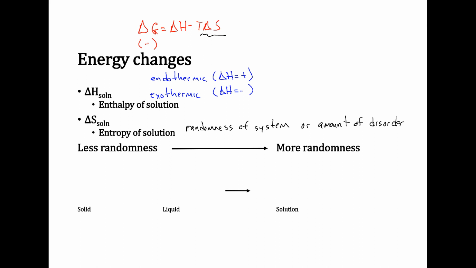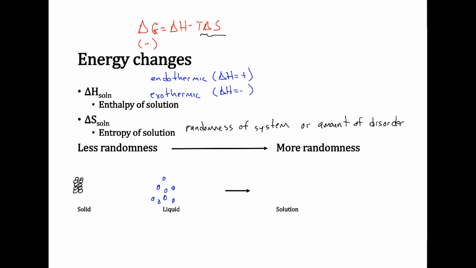So what I'd like to consider is the dissolving process. Let's say that we have a highly organized solid, some sort of organized crystal structure. And then we have our liquid where the molecules are not as organized and are just freely floating around, interacting with each other.